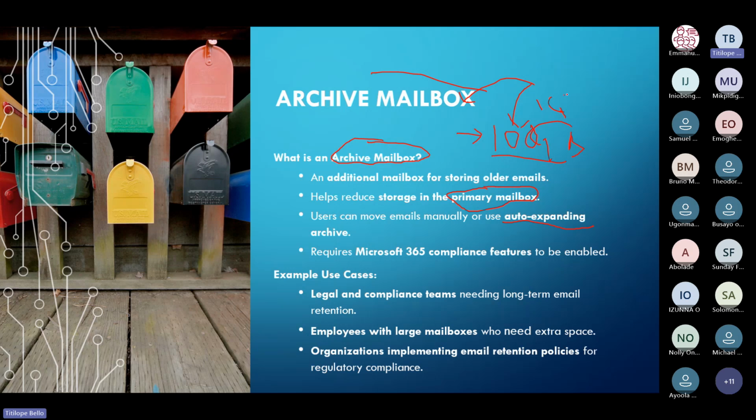Even if it's daily, it will add 1 gig. It will not add another 100 gig chunk on top. It just expands bit by bit as the need arises. As the primary mailbox is moving content into the archive and there's not enough storage, it will add 1 gig extra. That's the way it works.